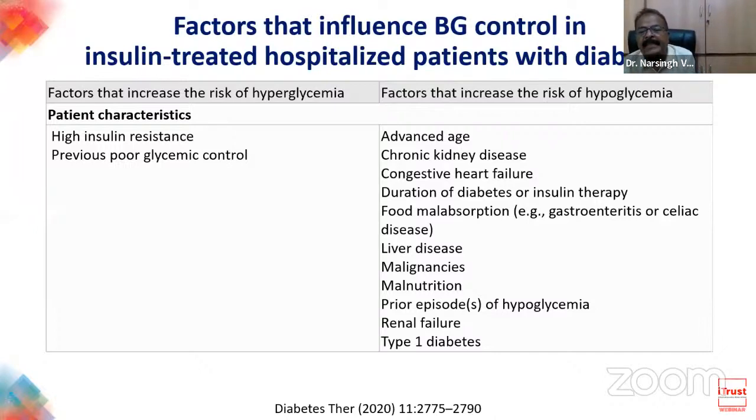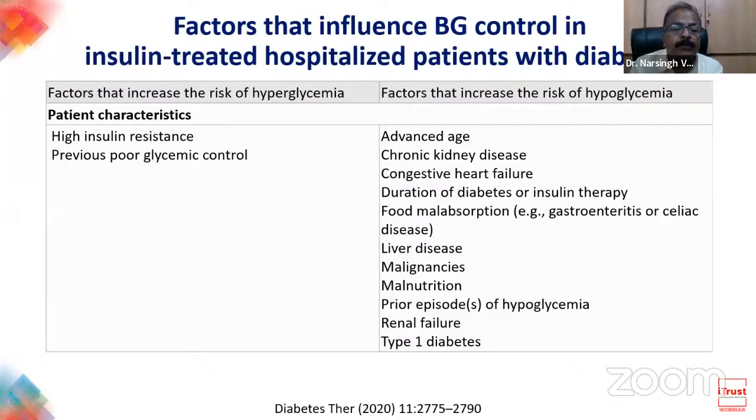Factors that increase the risk of hypoglycemia include advancing age and chronic kidney disease, very common, compromised kidney, congestive heart failure, again because of circulatory failure, duration of diabetes and insulin therapy. These patients do not respond well. Also food malabsorption like gastroenteritis or celiac disease, liver disease, malignancies, malnutrition, prior episodes of hypoglycemia, renal failure, and type 1 diabetes.